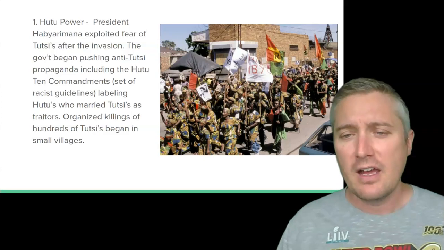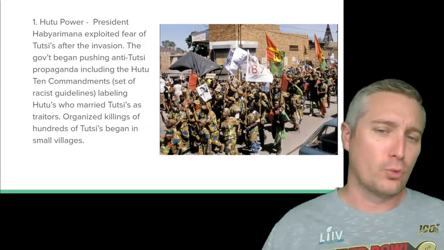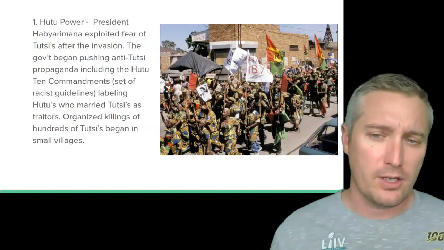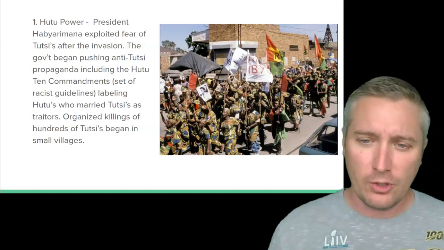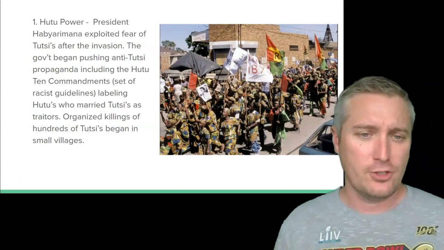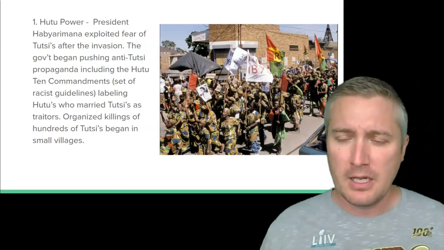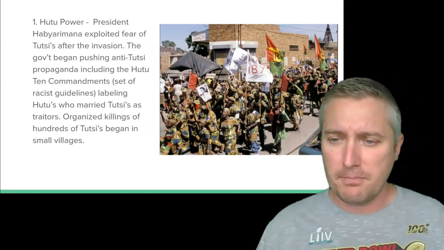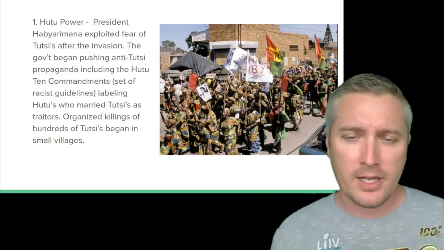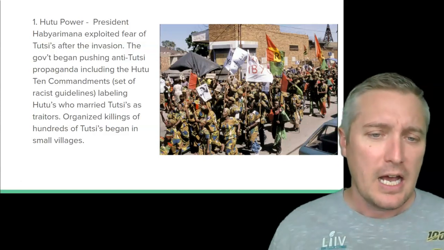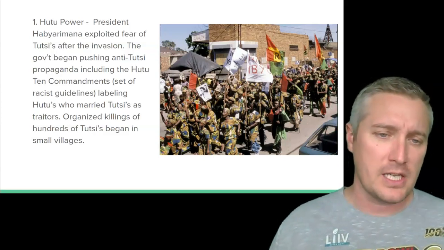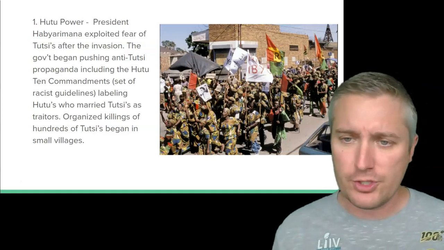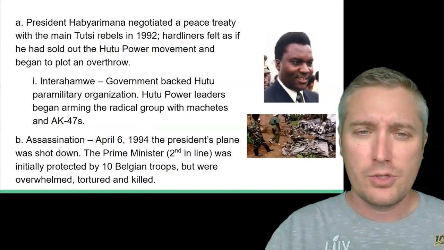The president of Rwanda really leaned on this fear of Tutsi invasion and basically created this real big push, anti-Tutsi push, which really labeled them as enemies of the state. He passed certain laws that outlawed people marrying between Hutus and Tutsis. And eventually, what we're going to see is organized killing of Tutsis in small villages at first, but it is going to extend to the cities.